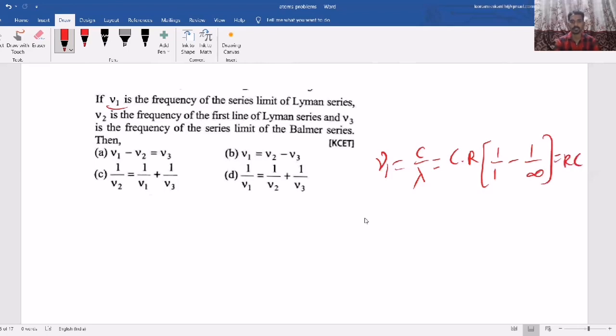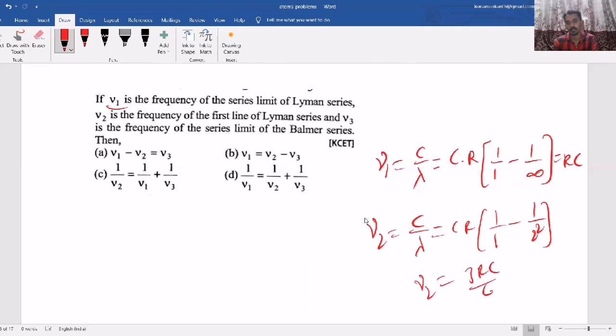So equal to RC. This is nu1. Now nu2 is the frequency of the first line of the Lyman series. That means n1 is 1 only, but n2 is 2. So how much will it come? 1 minus 1 by 4 means 3 by 4.